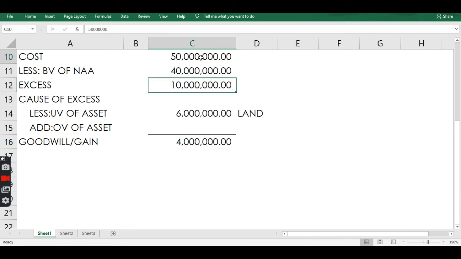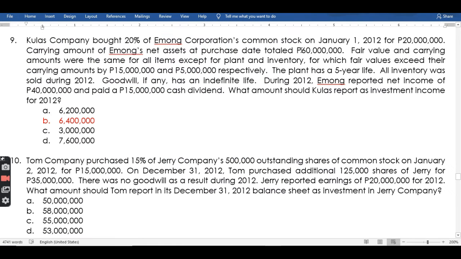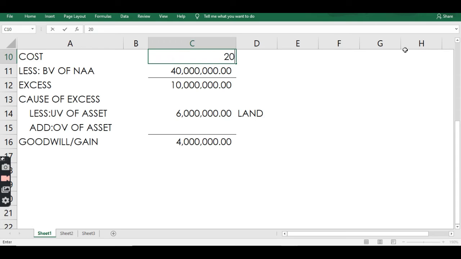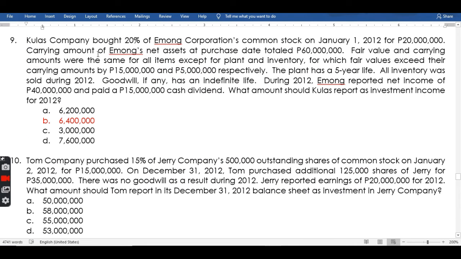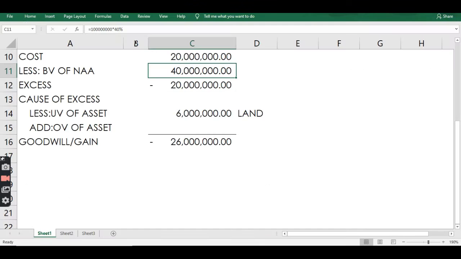Magkano yung cost ulit natin? Binili daw natin yung 20% for 20 million. Okay. Magkano yung book value of net assets acquired? Kunin lang natin yung 60 million, multiply natin ng 20%. So, that's going to be 12 million.